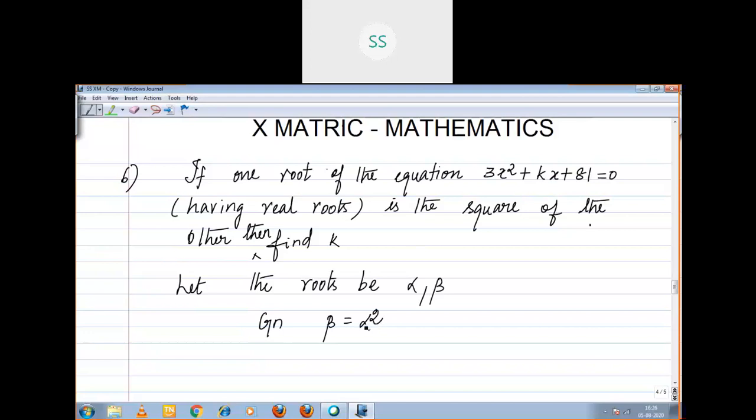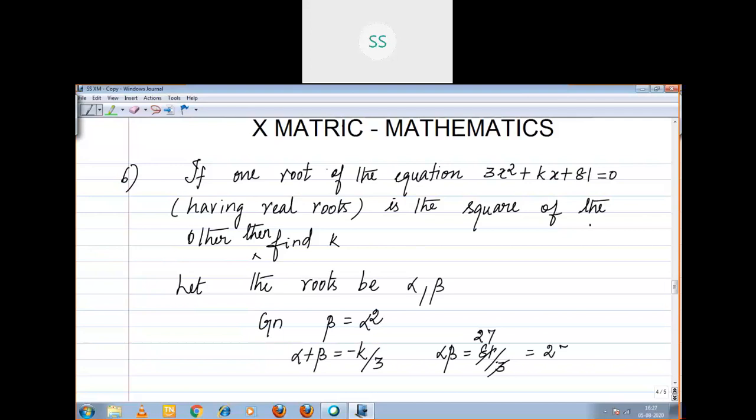If you want, you could take alpha equal to beta squared. From the given, I am going to gather alpha plus beta and alpha beta. Alpha plus beta equals minus k by 3, minus coefficient of x divided by coefficient of x squared. Alpha beta equals constant divided by coefficient of x squared, which is equal to 27.